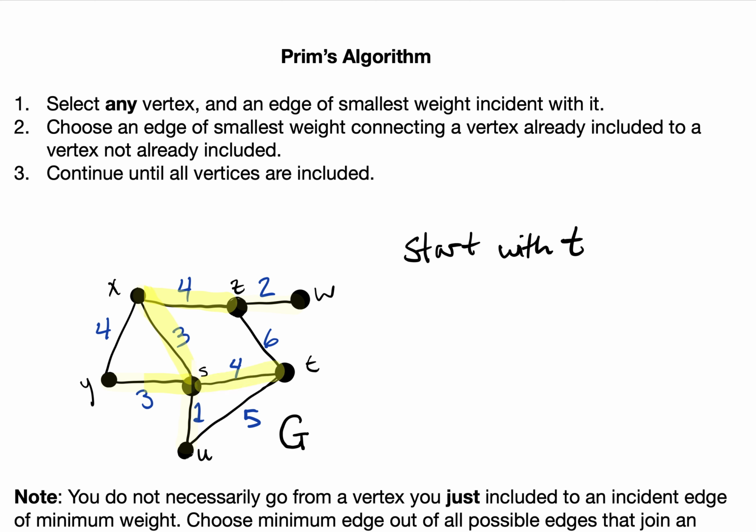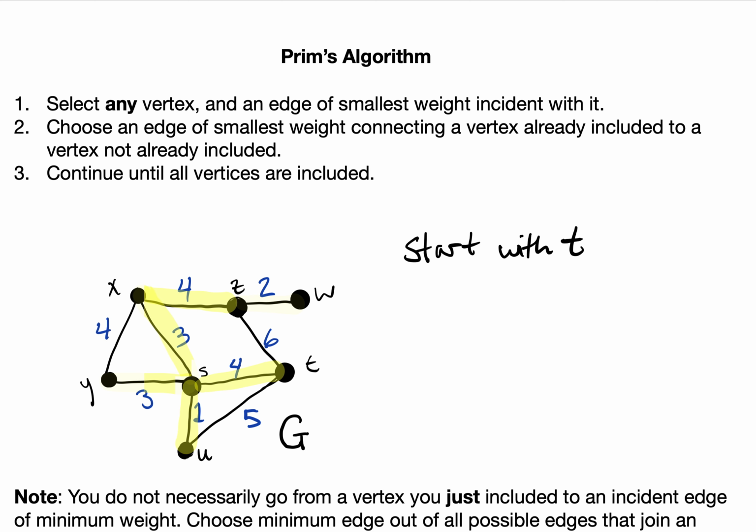We now choose an edge of smallest weight connecting a vertex already included to a vertex not already included. So my choices would be that I could connect to Z, I could connect to U, or I could connect to Y, or I could connect to X. The smallest option out of those is to connect to U. Now, next, I'm connecting to a vertex not already included.